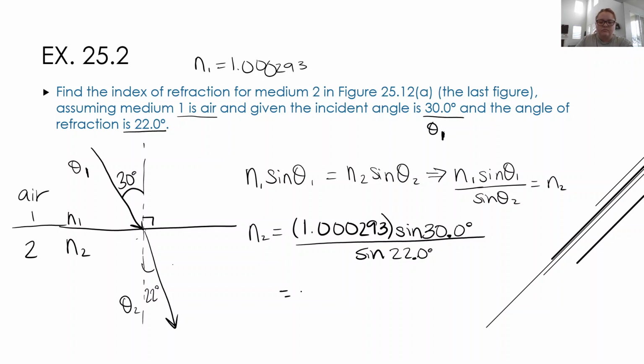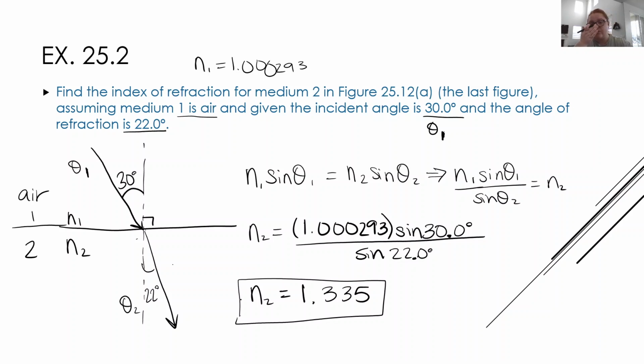Let's do that in our calculator real quick. We have 1.000293 sine 30, and we divide that by sine 22, and we get that n2 is equal to approximately 1.335. So we have the index of refraction of medium 2.